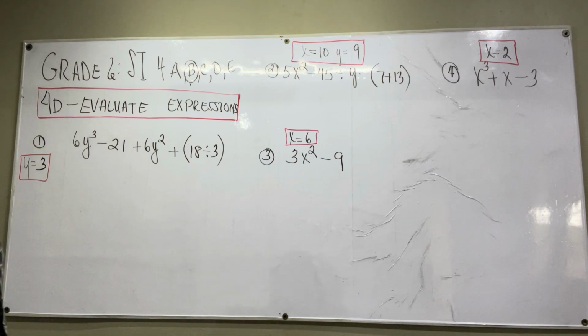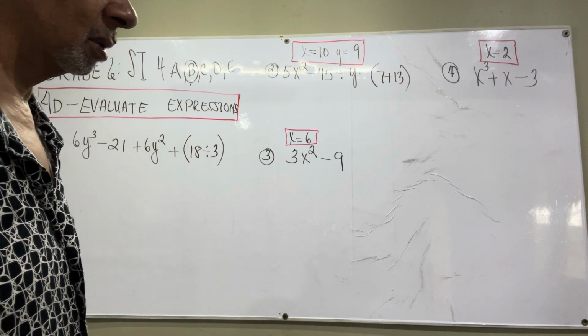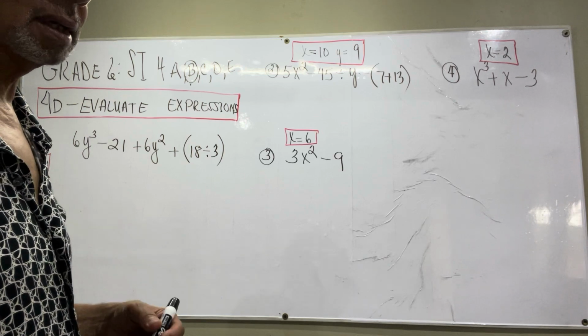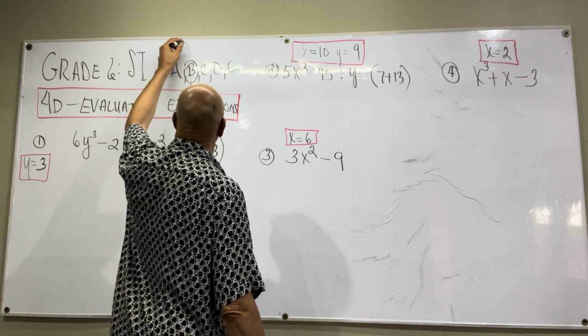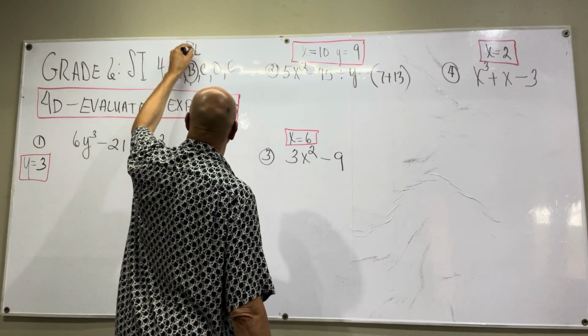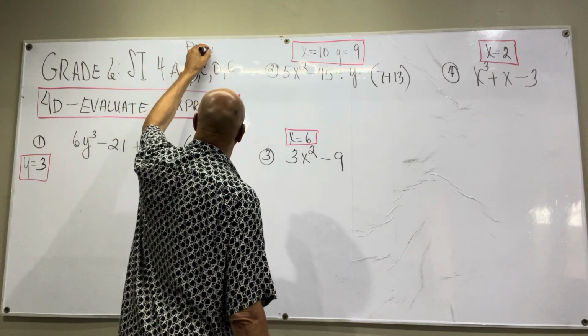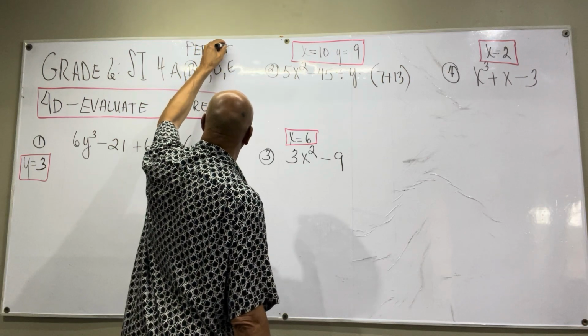So you can see how easy it is to confuse them. So that's why I suggest that you write it down until you actually have it. So the order of operations is P, E, D, M, A, S.